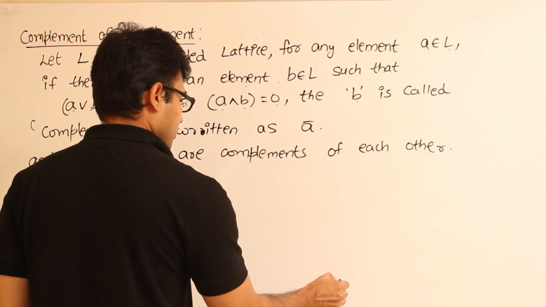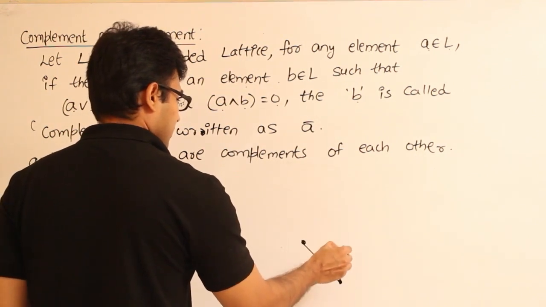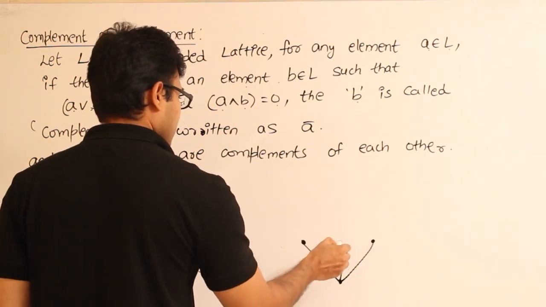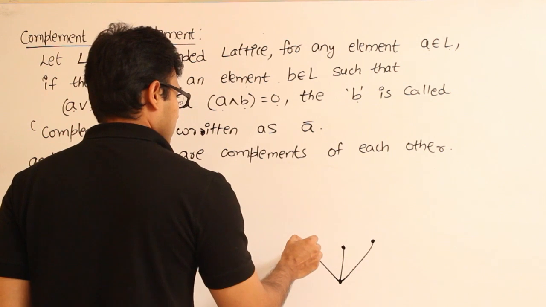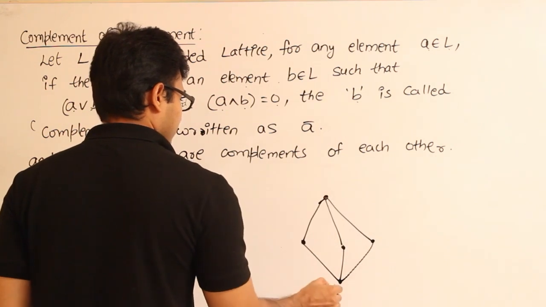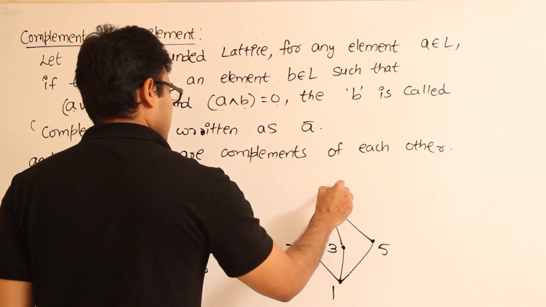What I wanted to show is all the properties that we may get. Probably this will be a good example: 1, 2, 3, 5, 30.